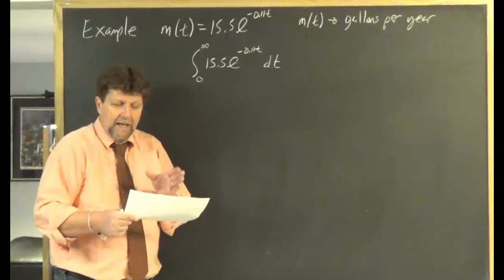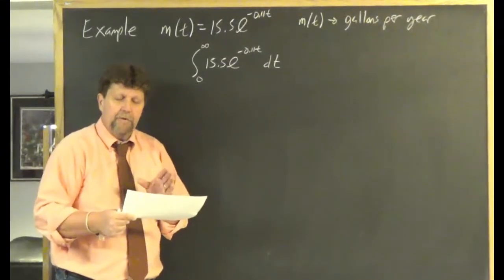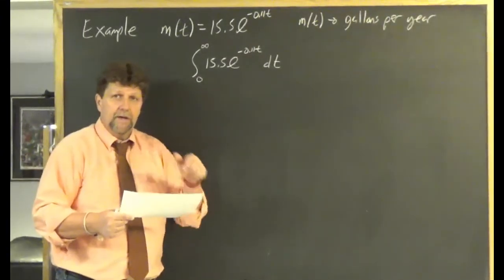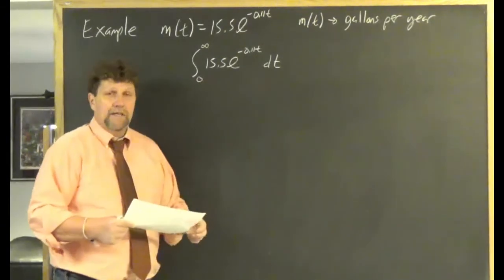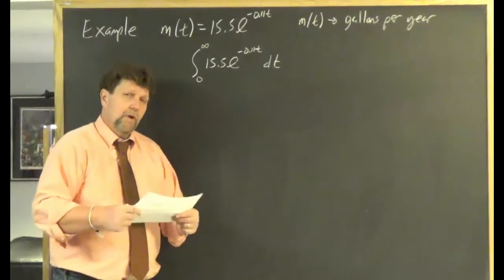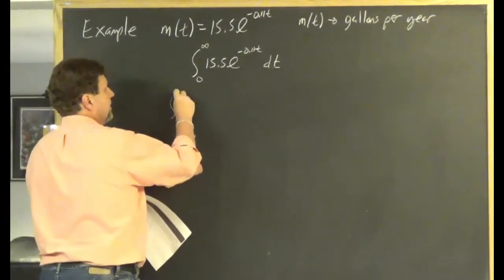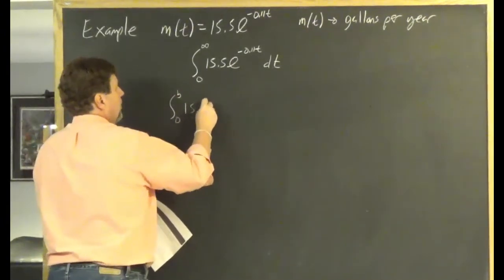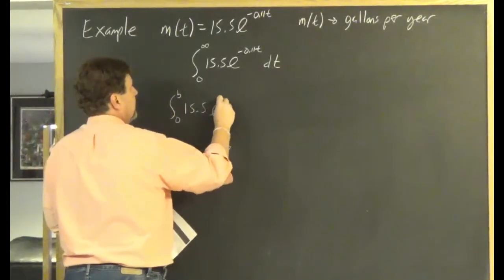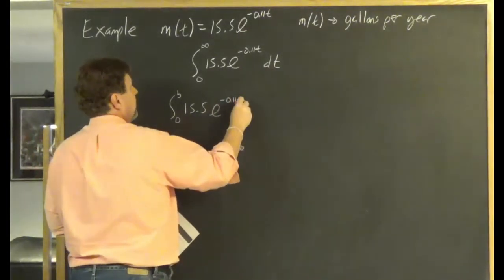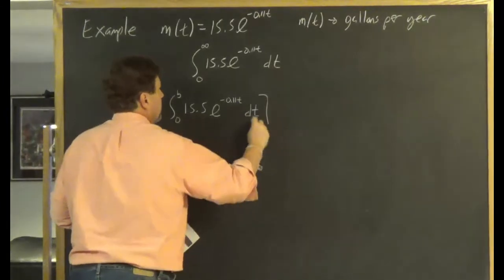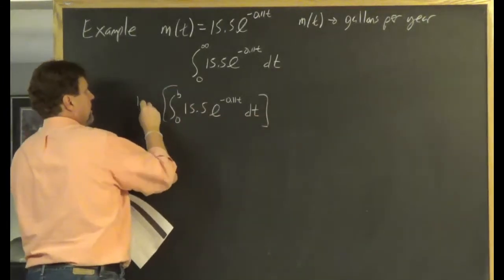But it just says estimate the total amount of maple produced by this tree, period. So we have to attack this improper integral, which we can't do directly, but we can integrate from 0 to b. So that's how we rewrite it. And out front we put the little limit statement.